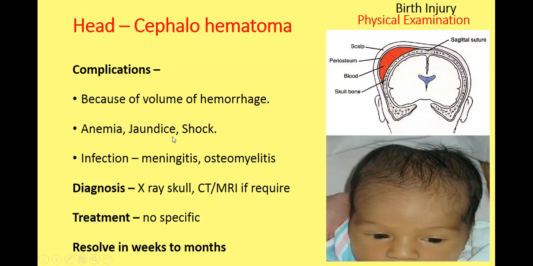In kernicterus, there is damage to the ganglia or neural tissue by bilirubin. For shock, we have to manage plasma volume or blood volume by using volume expanders by IV route.